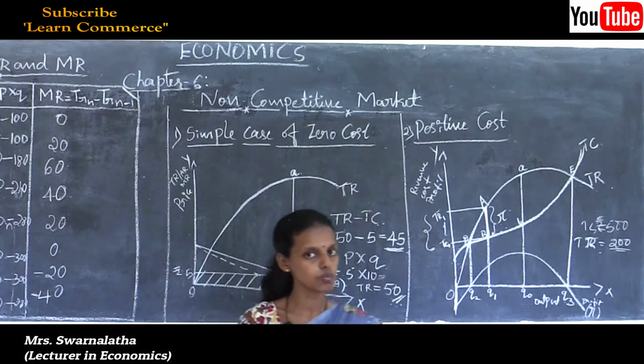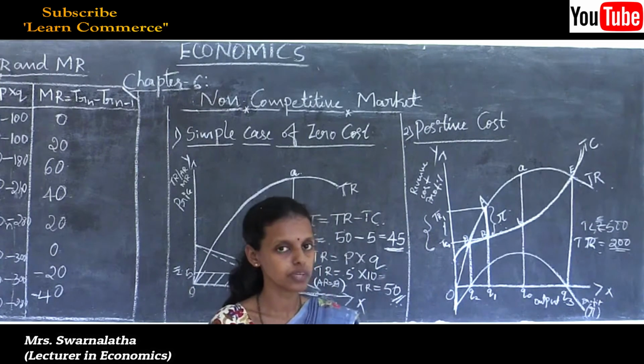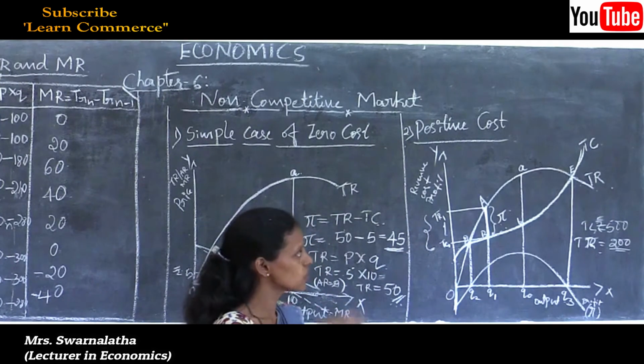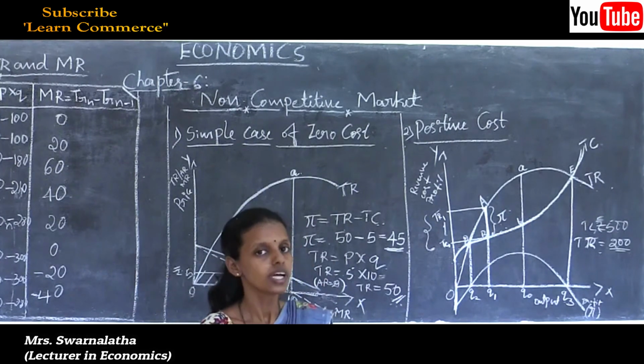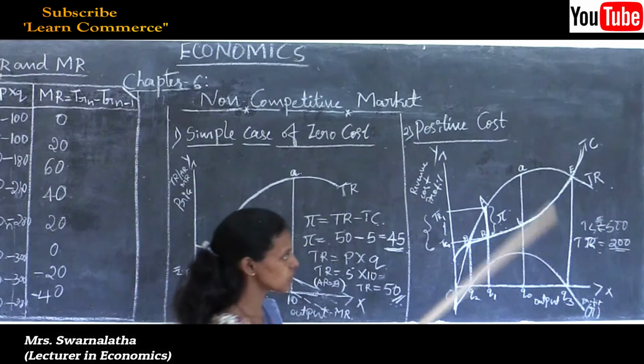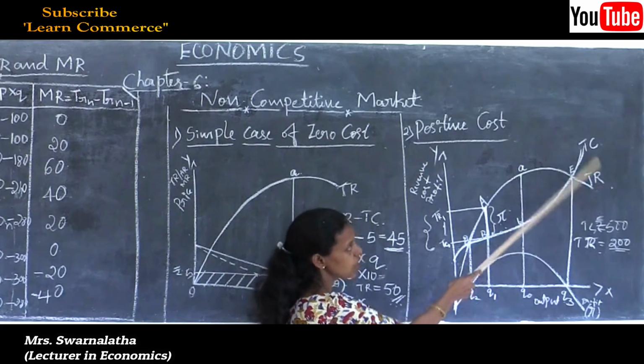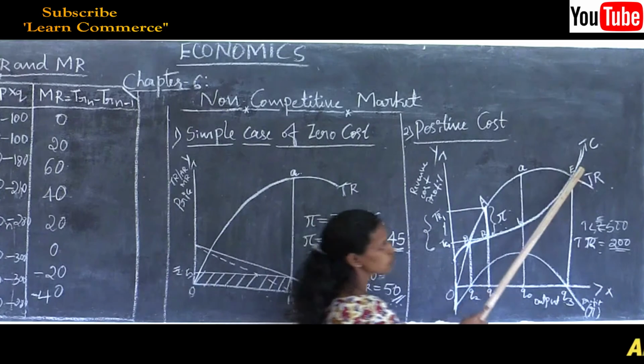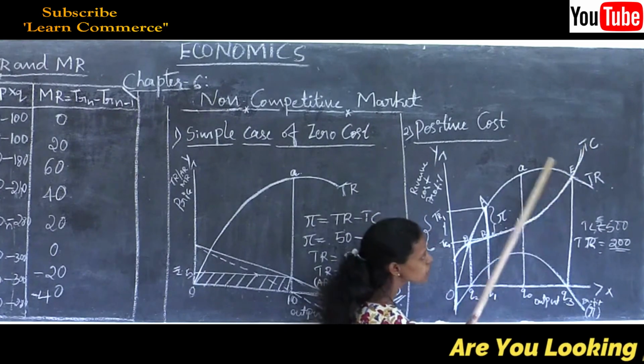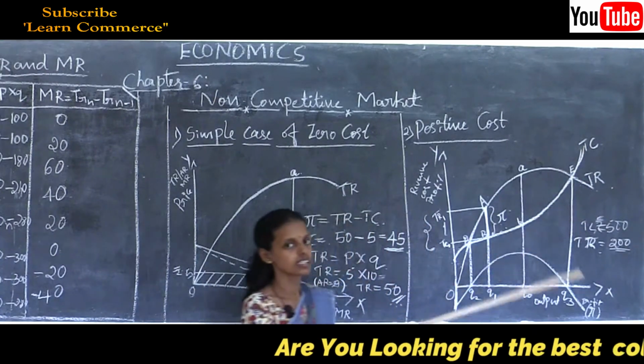After the equilibrium point, with any deviation from the equilibrium point, total cost is more than the total revenue. That is why it is said to be the positive cost. Positive cost means cost is more than the revenue, as we see in the figure.